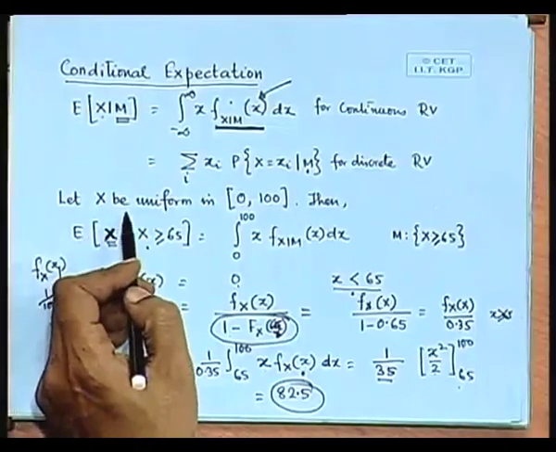Let us take an example, suppose x is uniform. Suppose we are talking about persons, and we are just assuming that people are aged between 0 and 100. We are ignoring the people who are more than 100 years old, anyway their number is very small.